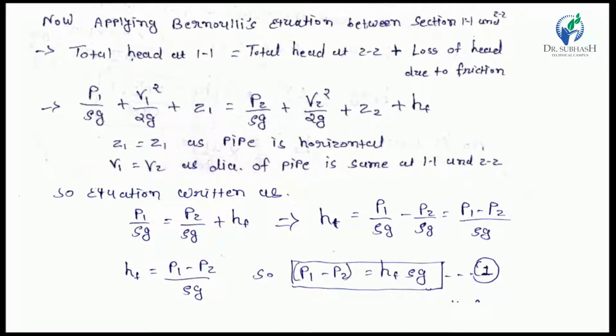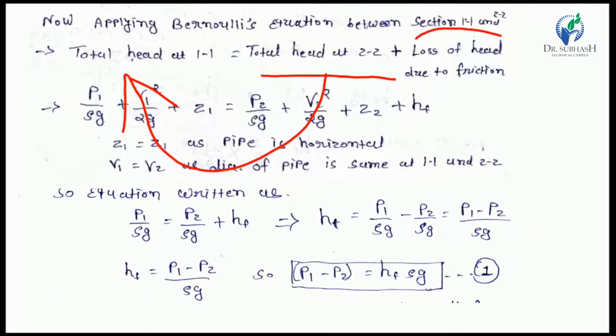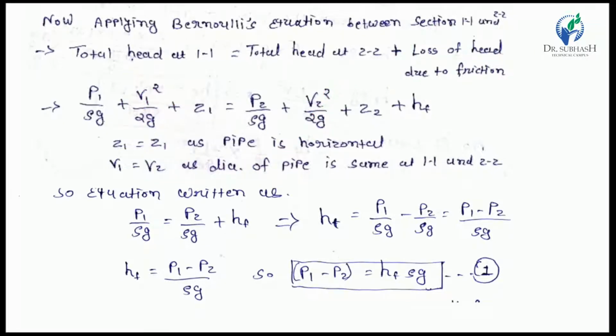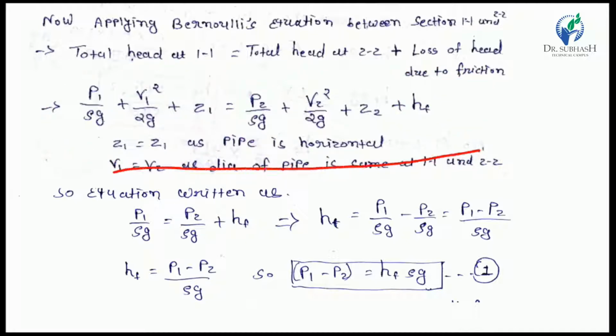But here the total energy at section 2 is less than at section 1, because when the fluid is flowing from section 1 to section 2, some resistance is there due to friction and energy is lost in friction. So loss of head due to friction is added to section 2 to compare the total energy at both sections.